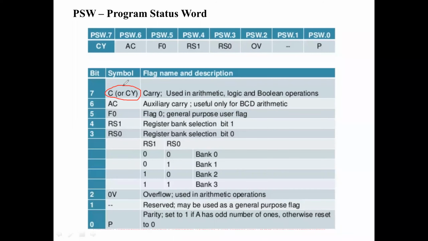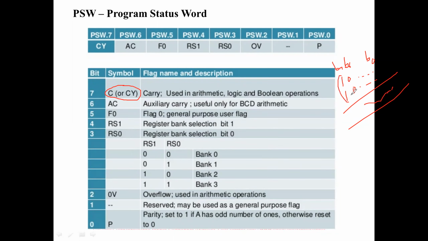If the 8051 adds any two numbers and a carry exists, for example, I'm adding these two values. This is bit 6, this is bit 7, and this is bit 0. Let us assume some value and add these two numbers.